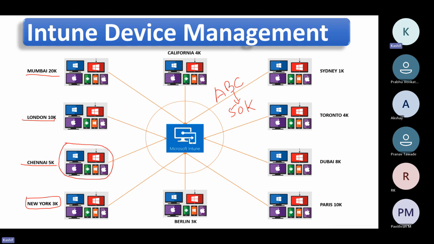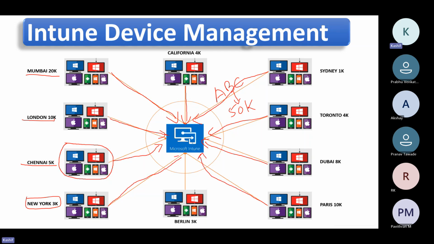So all the machines we have in each location, we need to enroll them into Intune. All machines from each location, we will enroll into the Intune portal. Understood? Yes, enrollment is required for the devices to get managed from Intune.